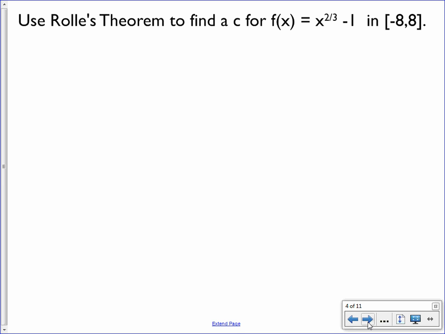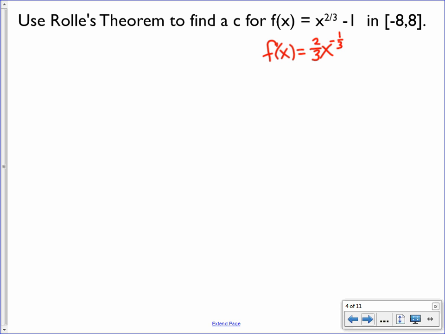How would we know? Well, let's talk about the derivative. What is the derivative? Ooh, x to the -1/3. We can't have a 0 in the denominator, which means there would be a cusp or a corner at x is 0.